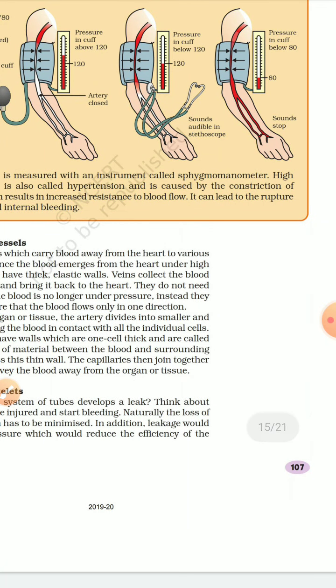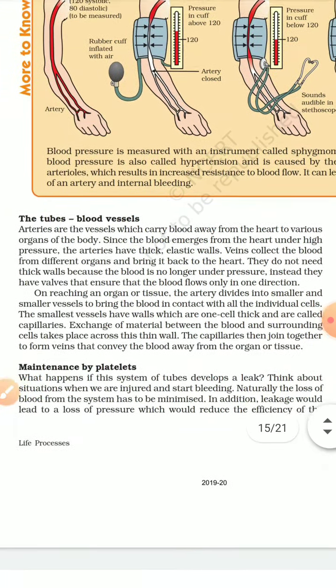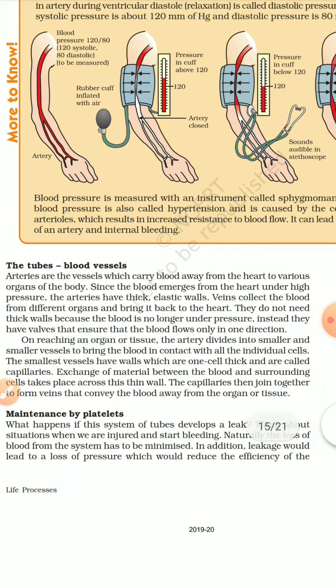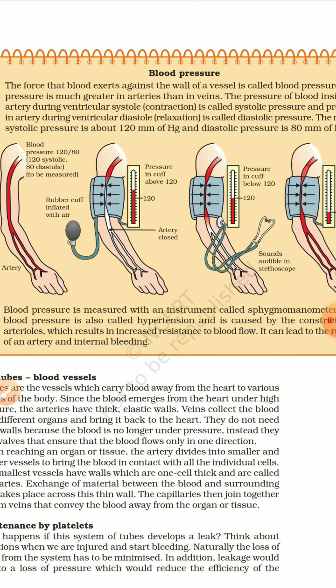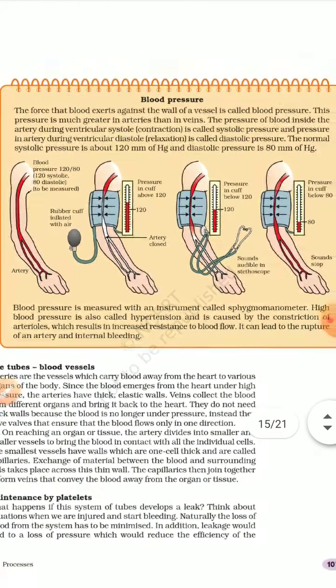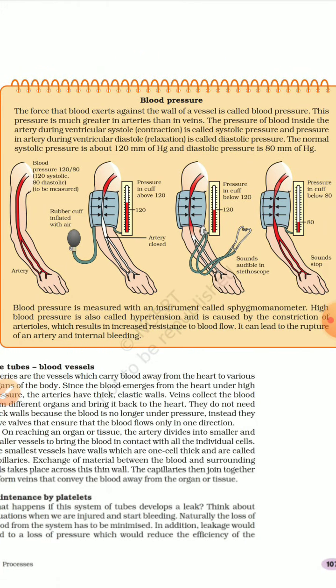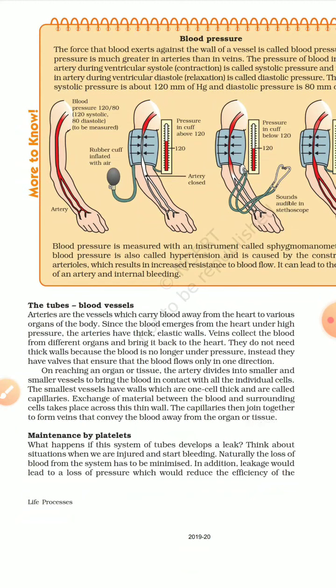This may lead to rupture of the artery and internal bleeding. So the instrument you can see, and in our school medical room you can also watch that the sphygmomanometer is there. You have seen it whenever you visited a doctor, it can be seen on his table.